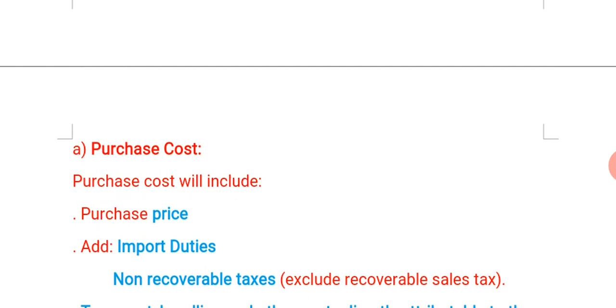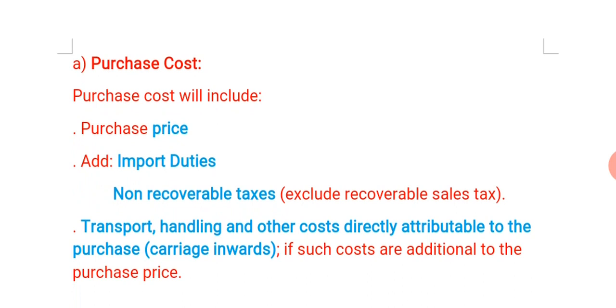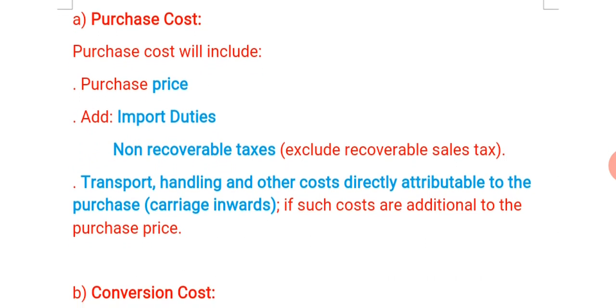I would add the import duties, I would add the non-recoverable taxes, and also the purchase price, the $100. So if the non-recoverable tax on the shirt is say 10%, I'll have 10% of $100, that's $10. Then it will be added to the $100 to give me $110 as part of the shirt's cost, part of the inventory cost now. Then transportation, handling, and other costs directly attributable to the purchase.